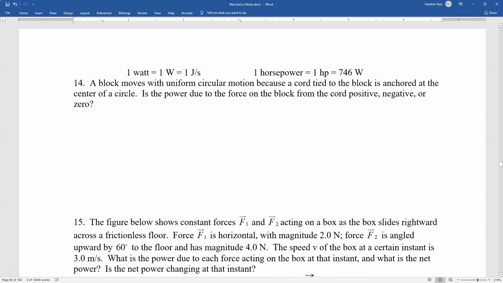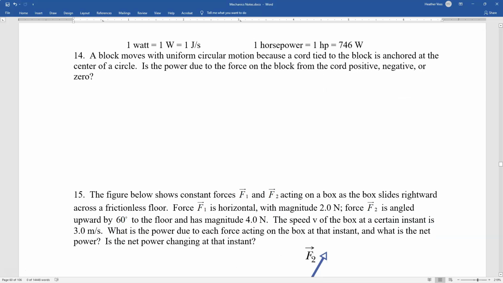So if we want to look at an example here, I believe we have time on this video for this. We have a block that is moving with uniform circular motion. Everybody's favorite. So that cord tied to the block, it's anchored to the center of a table. Okay, so let's think about what this is going to look like.